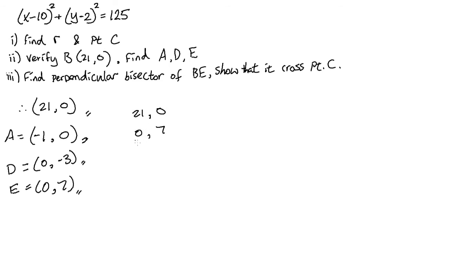And conveniently, we have an x value and a y value, and therefore on the graph this is 21, this is 7, and the gradient of this will be a decrease of 7 over a horizontal distance of 21, and that will simplify to a gradient of −1/3. So that will be our m for BE.